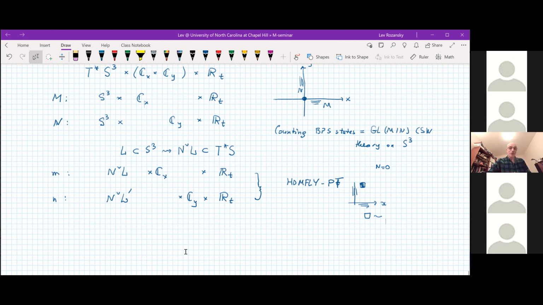Okay, it's a nice thing, but it's not quite mathematical. Okay, so let me say briefly an answer. So first of all, you can push the link Lagrangian submanifolds off the zero section of S3.